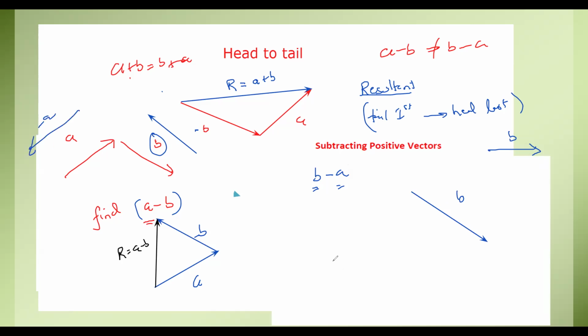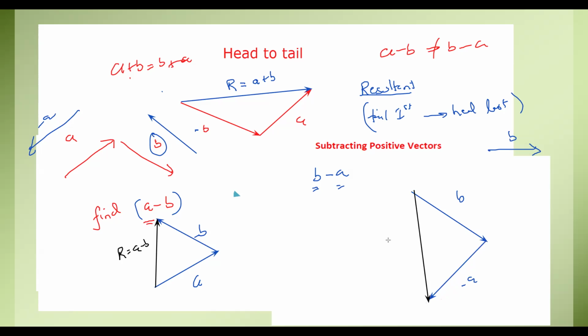So we drew the first vector. Now we'll draw the second vector, which is negative a. And how do we work out the resultant? The resultant is always from the tail of the first to the head of the last. When we join them, we get the resultant.